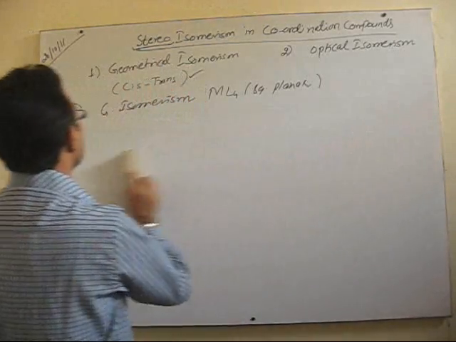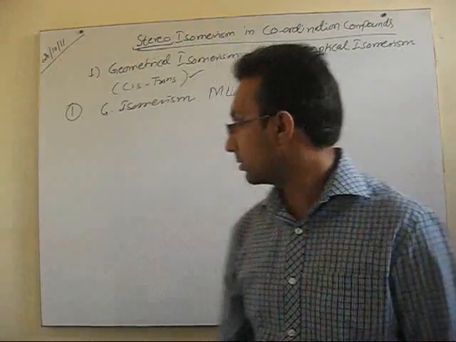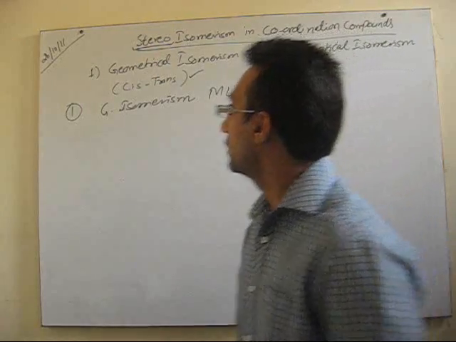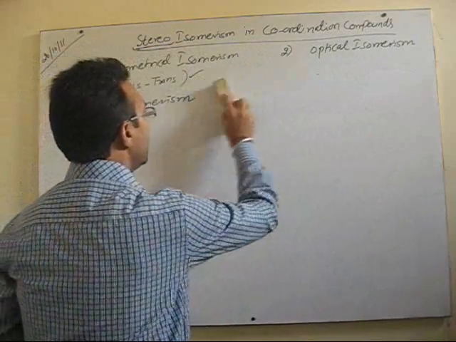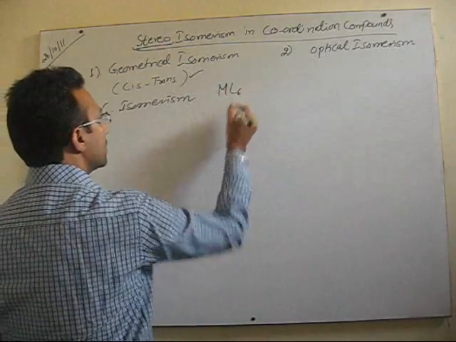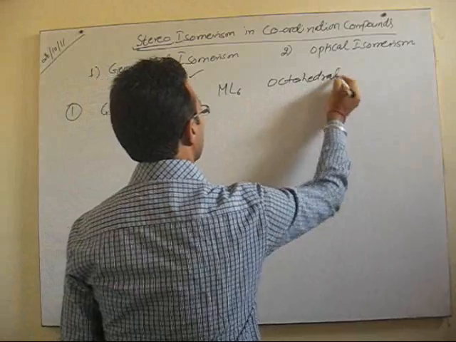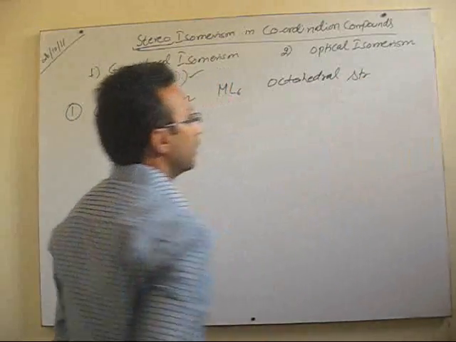Now, we have discussed geometrical isomerism in square planar complexes, cis and trans isomerism. Now we'll come to the second coordination number category, that is ML6, octahedral structures. Right?